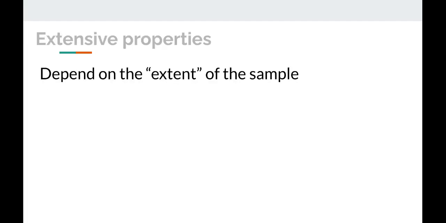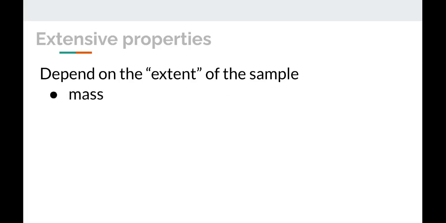Last topic for this video is talking about the two different categories of properties that we will see in substances. One type of property is called an extensive property. And the word comes from the fact that these depend on the extent of the sample. A good example of that would be mass.